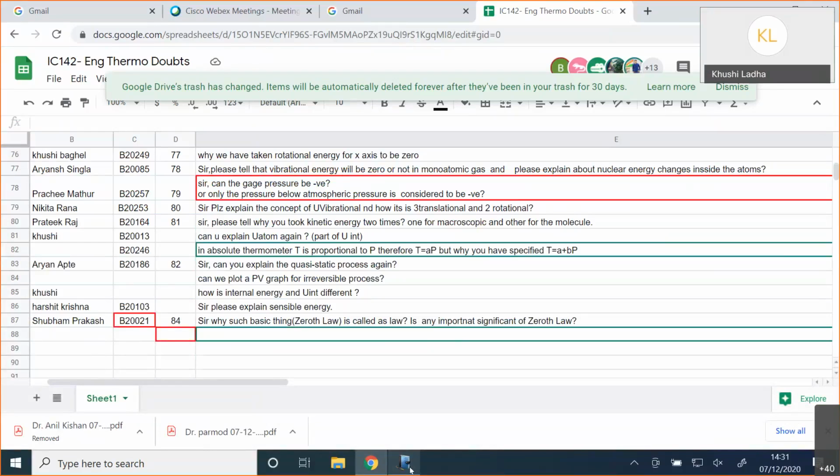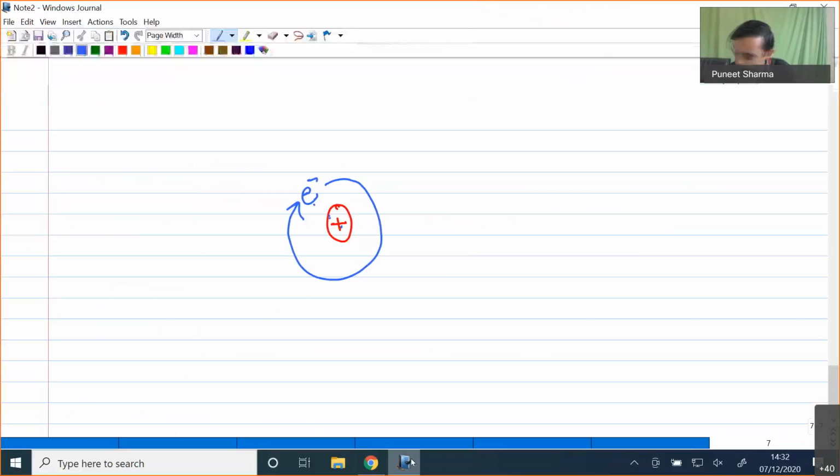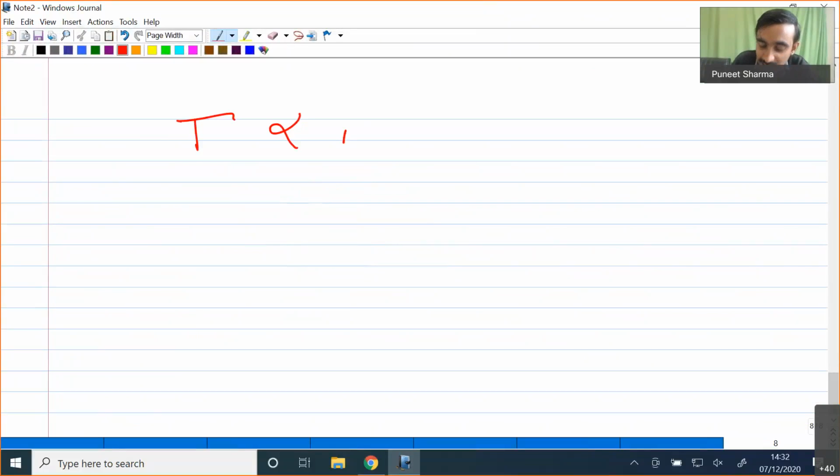Okay, sir. Then the next question is, in absolute temperature, T is proportional to P, therefore T equals A into P. But why have we specified T equals A plus BP? Okay, so let me answer this question once again, though I have already answered it in the previous doubt clearing session. Yes, the idea is clear that temperature is proportional to pressure.